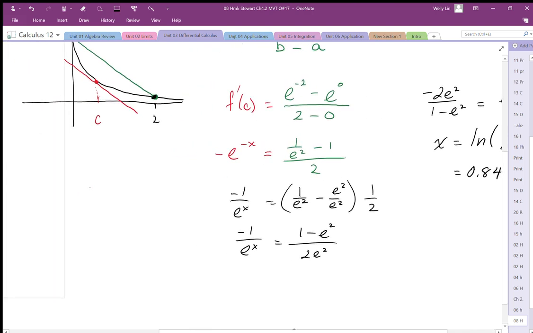That means that point c is at approximately 0.84. So that would mean that 1 is somewhere around here, and point c is just to the left of 1.